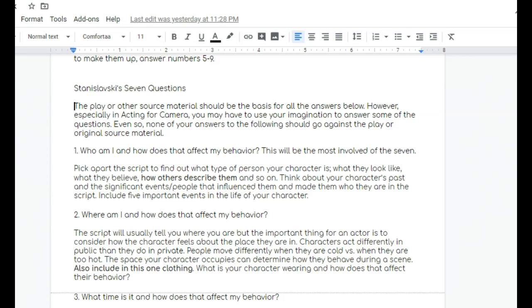Even if it is from a full-length play, you might not have everything spelled out completely, and you may have to use your imagination to answer some of these questions. That's great. It's wonderful to use your imagination. I'm always trying to find more ways to incorporate cultivating your skill of using your imagination as an actor into my acting classes. However, even if you are having to use your imagination, answering the following should not contradict, should not go against what the play says.